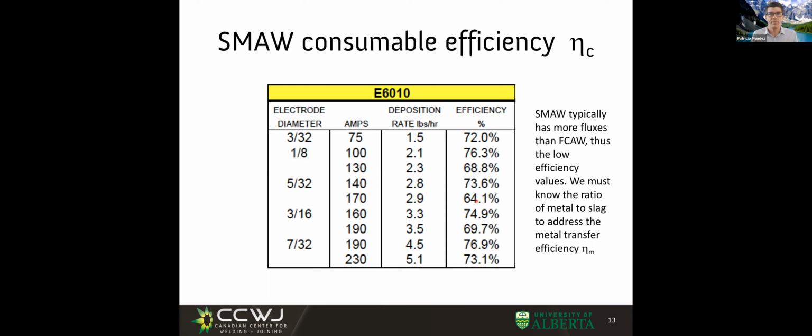I know the role of each variable: travel speed, wire feed speed, what electrode I choose, and the role that different consumables might play from the point of view of spatter or amount of flux. We are owning the design of a welding procedure, to the point where we can now design one.